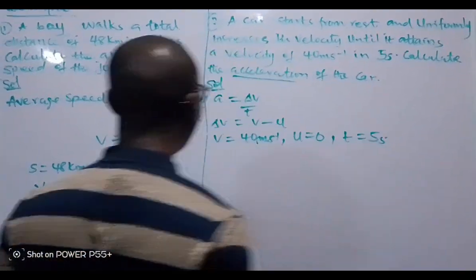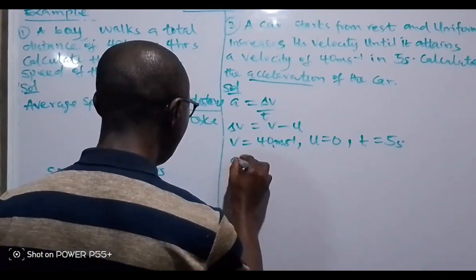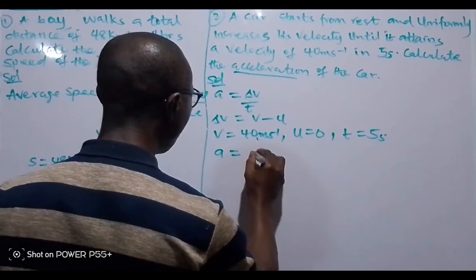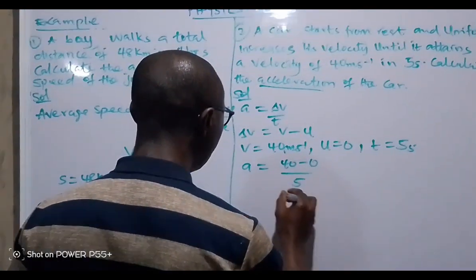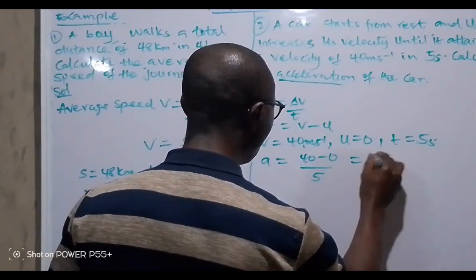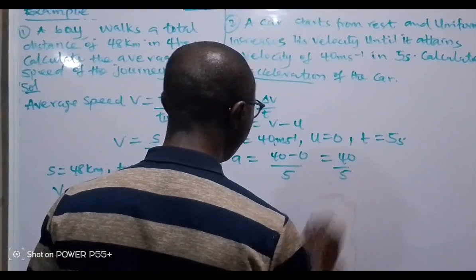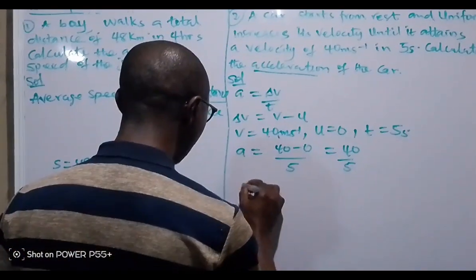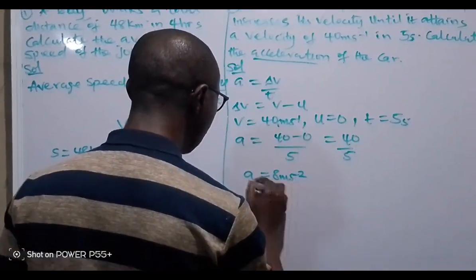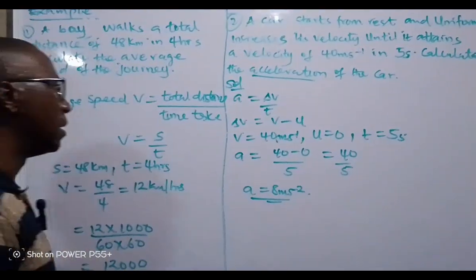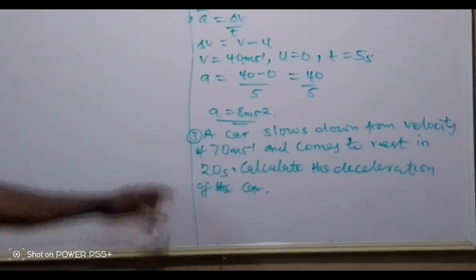So put all these things: A will be equal to 40 minus 0 over 5. Therefore, it will be equal to 40 over 5, and 40 over 5 will give us 8 meters per second squared. That's the acceleration.